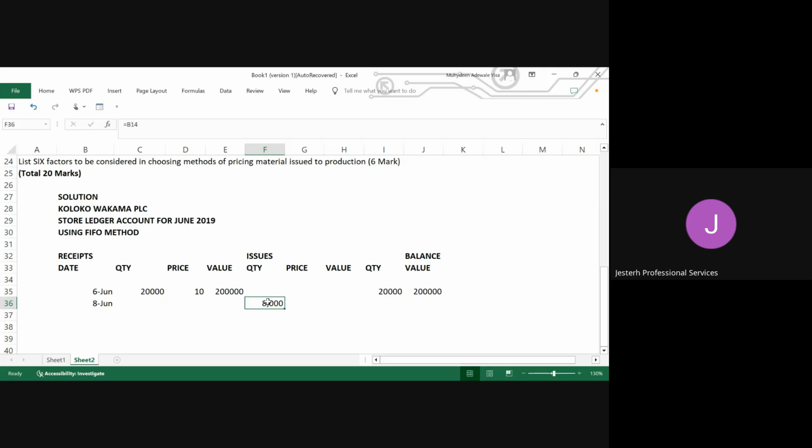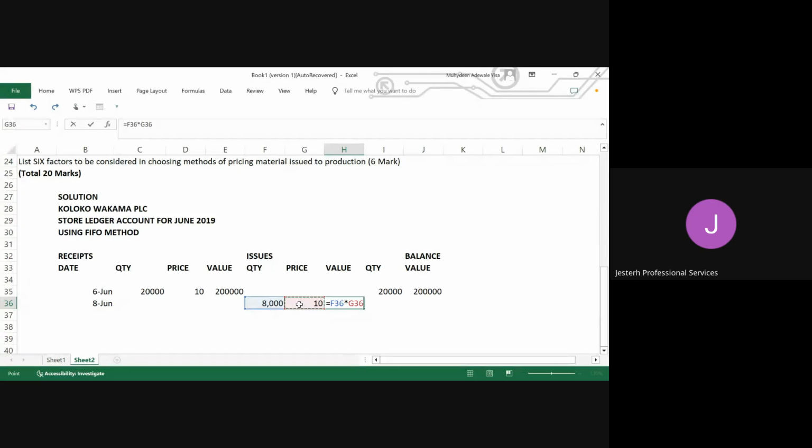If you look very well, on the 6th, they purchased 20,000 at the rate of 10. And then on the 8th, they are issuing out 8,000 from this 20,000. How much did they purchase this product at? They purchased it at the rate of 10 naira. What are you going to do? Just come here, write the 10 naira, which is the rate. Then you multiply it so that you can get the total value of this product they issue to their production department.